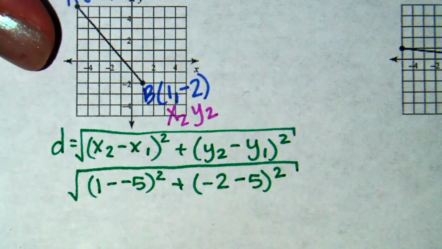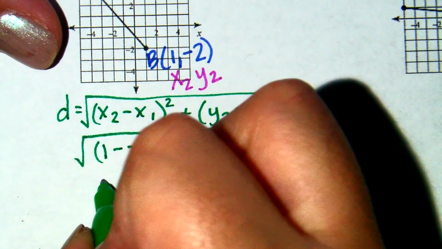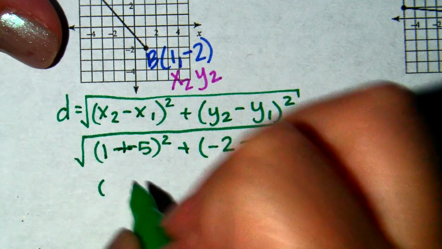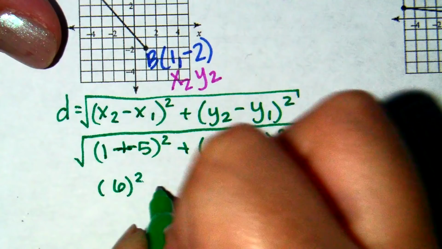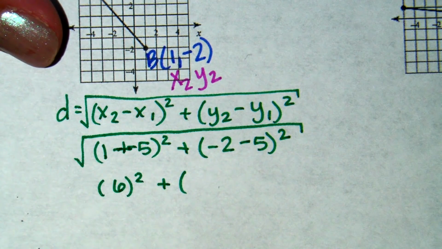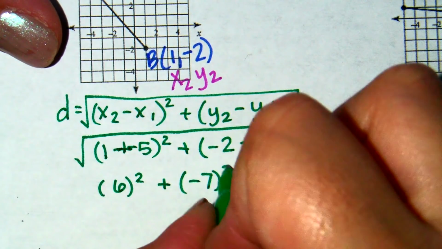Now I'm just going to simplify what's in the parentheses first. 1 minus -5, so that's 1 plus 5 gives me 6 squared, plus -2 minus 5 gives me -7 squared.